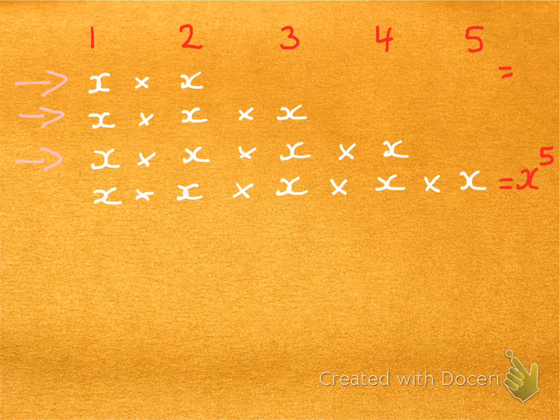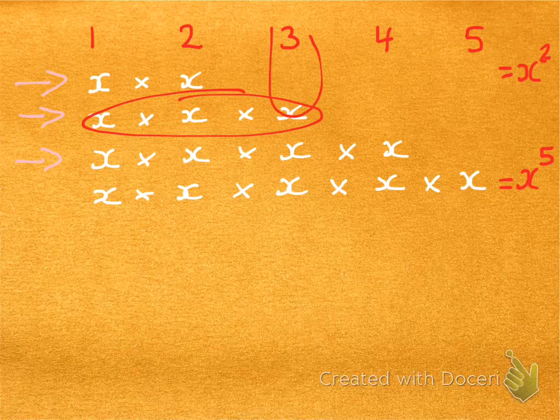We've got x's here, and they're in the 2nd column, so that's x squared. Badly drawn squared, sorry. And then the next one, 3 x's, x is in the 3rd column, so we've got x cubed. And it goes on and on like that.